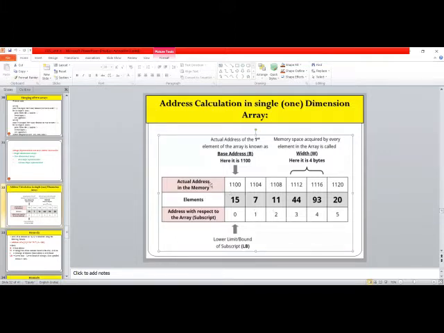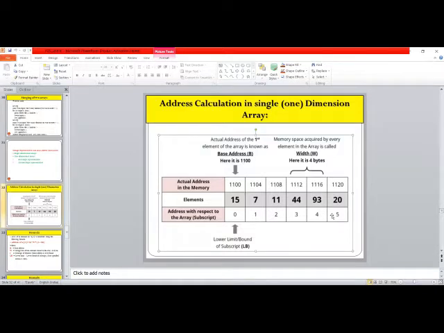Now this upper line is new for us. These are actual addresses in memory. This actual address is different from the index of an array. Both are totally different things. These array indices are just the medium by which we access a particular element inside our array.